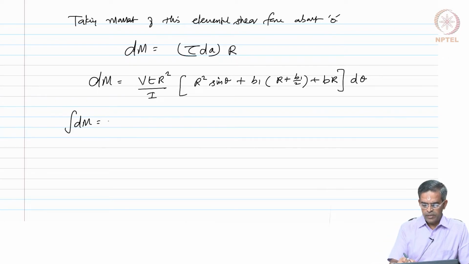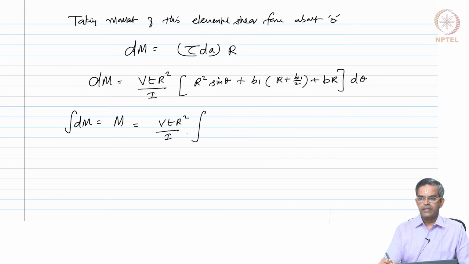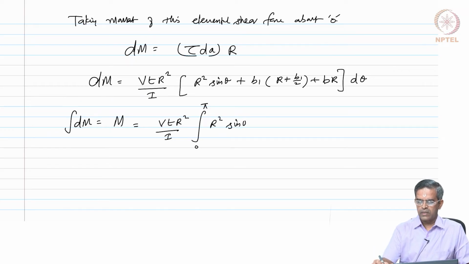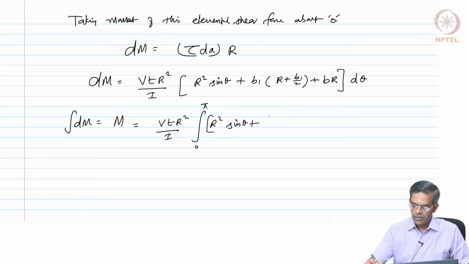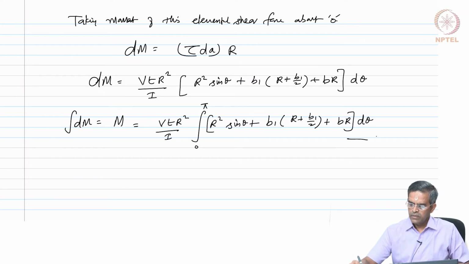Integral dM will be the total moment M, which will be equal to Vt r square by I integrated from 0 to pi, r square sin theta plus B1 times of r plus B1 by 2 plus Br, of d theta. Equation 3.